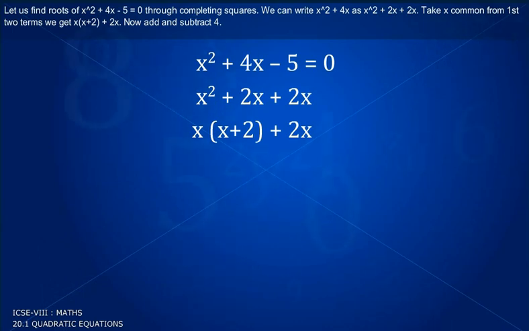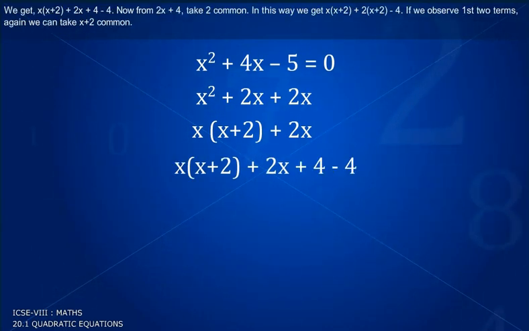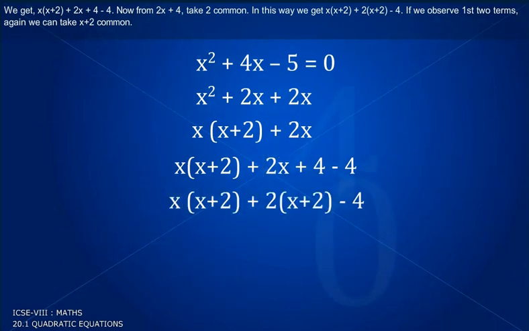Now add and subtract 4. We get x into bracket (x plus 2) plus 2x plus 4 minus 4. Now from 2x plus 4, take 2 common. In this way, we get x into bracket (x plus 2) plus 2 into bracket (x plus 2) minus 4.